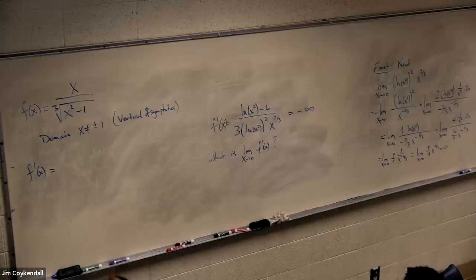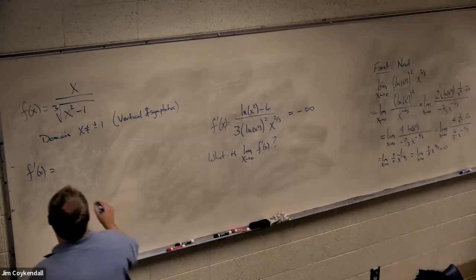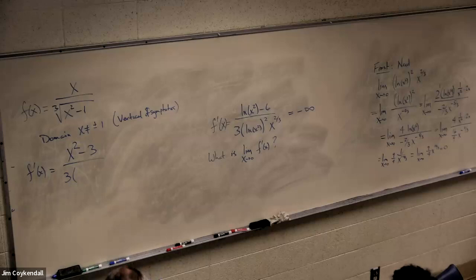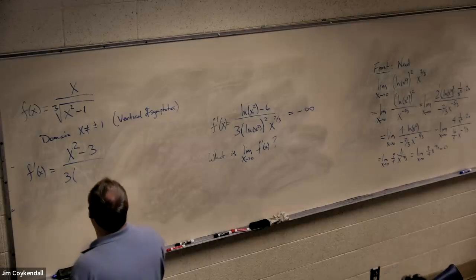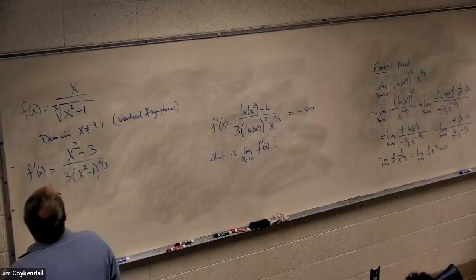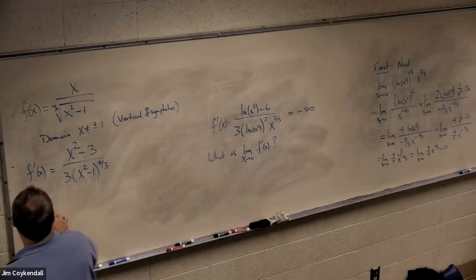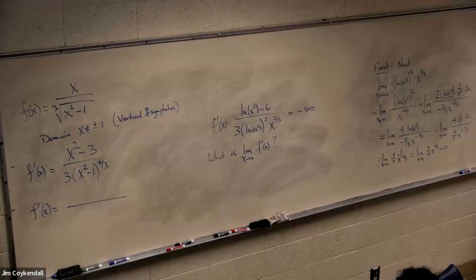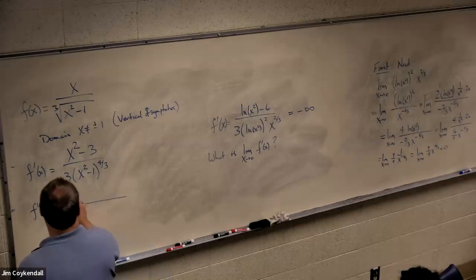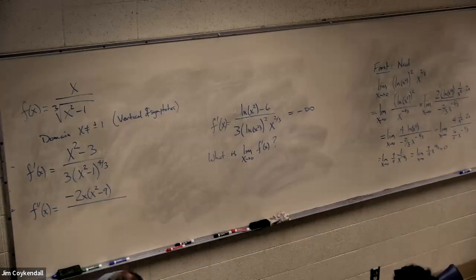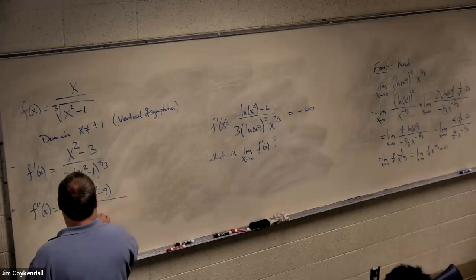The first derivative of this is x squared minus 3 over 3 times quantity x squared minus 1 to the 4/3. And f double prime of x is minus 2x times x squared minus 9 over 9 times x squared minus 1.